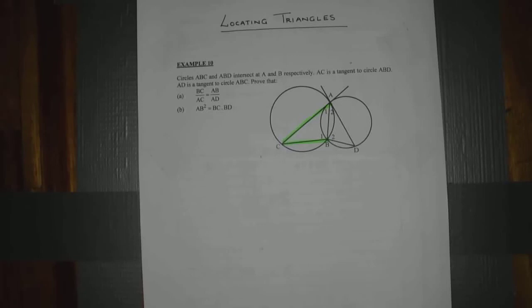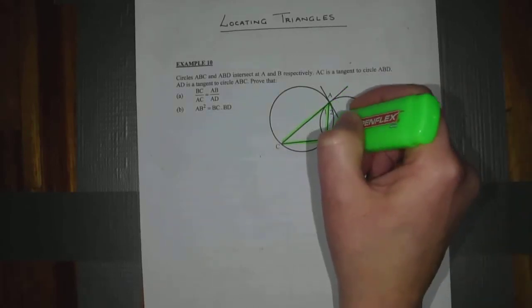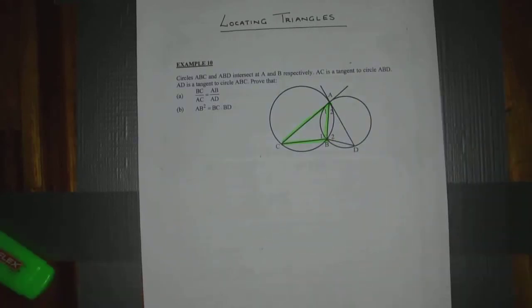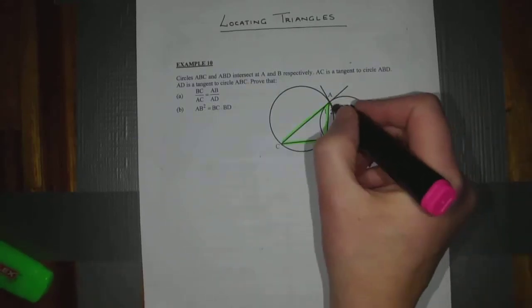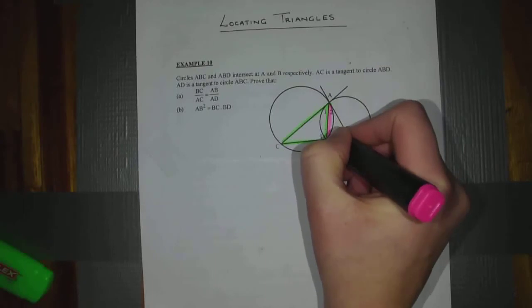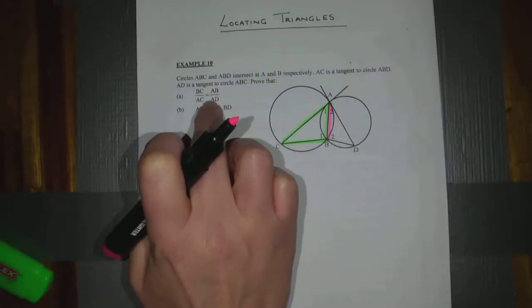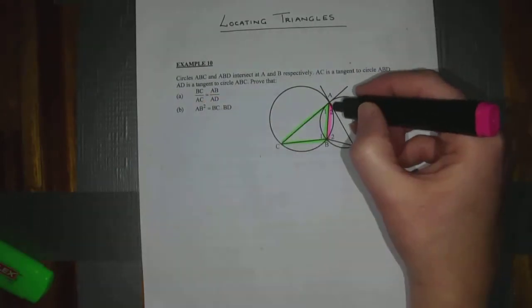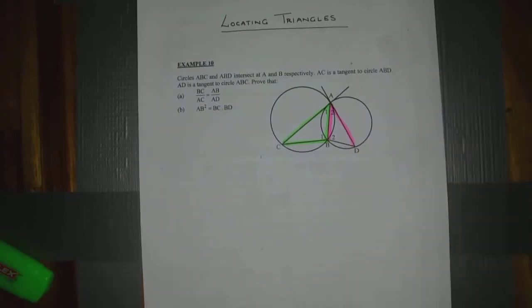Once you get the first 2 sides, you can close up the triangle, so we can close it up with AB. Then we go to the rest, and they say AB. So you have to highlight AB in a different color, there, over AD, so there's AD. So how do we close up that triangle? We close it up with BD.